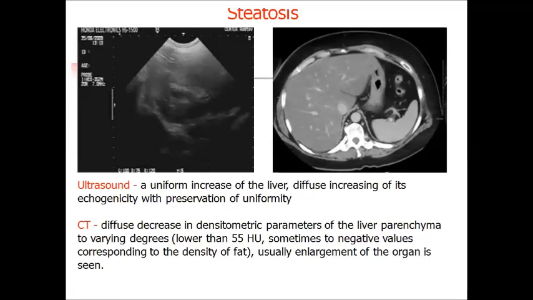Ultrasound shows us uniform increase of the liver, diffuse increasing of its echogenicity with preservation of uniformity. The ultrasound picture is not heterogeneous. CT scanning: diffuse decrease in densitometric parameters of liver parenchyma may be found.